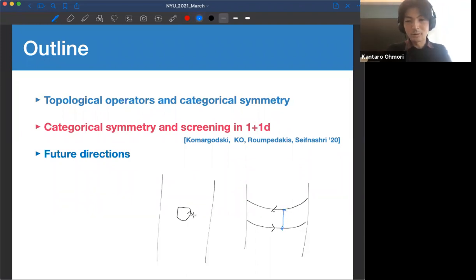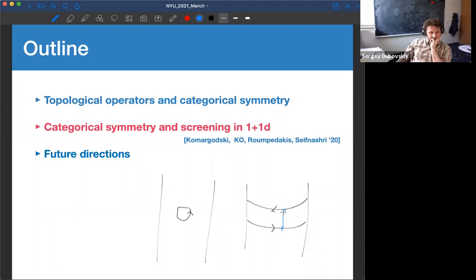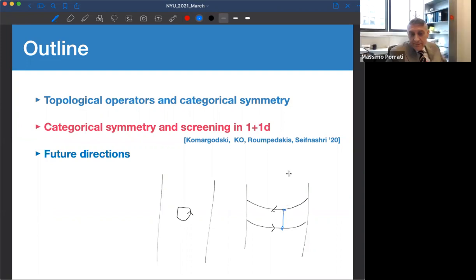If you make this small disk larger, at some point you have to collide the two, and that can give a non-trivial line. So the most general case is that you can deform this object like this, but with additional line insertion. That's the picture. Okay, thanks.